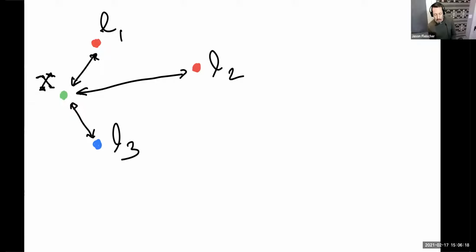So if we're going to create the similarity of X to one of these data points, then we might, for instance, write this as a Gaussian similarity. And the reason I'm using that is that this is a very common way to use support vector machines.